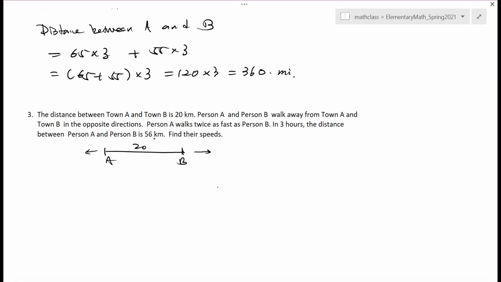Their combined speed is going to be 3 times the speed of B, right? How do you solve this problem? Think about it.